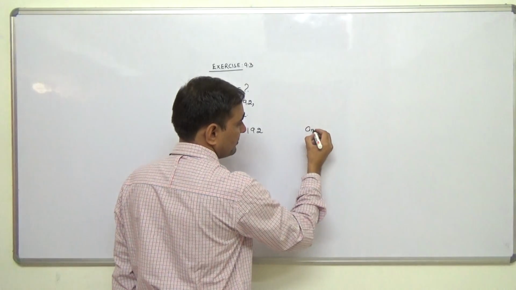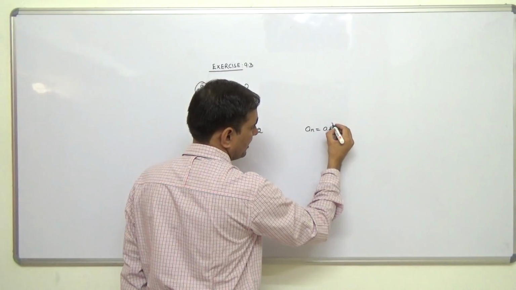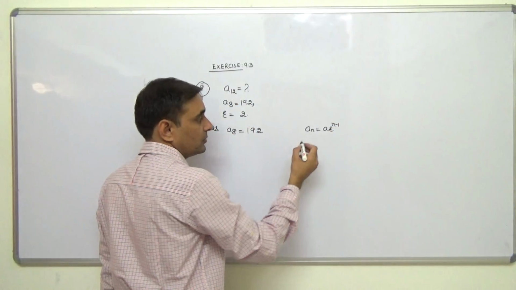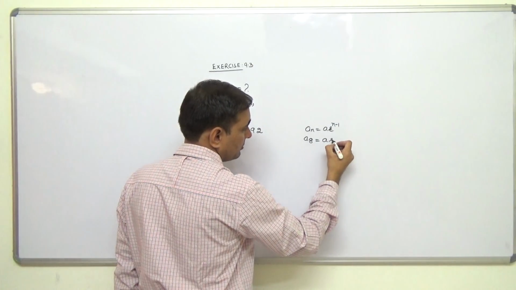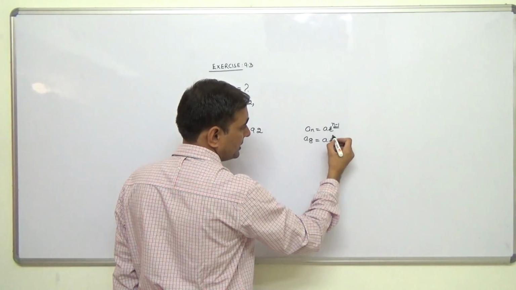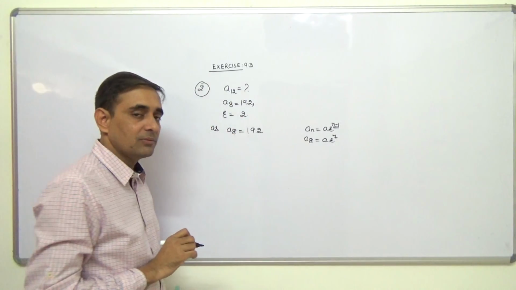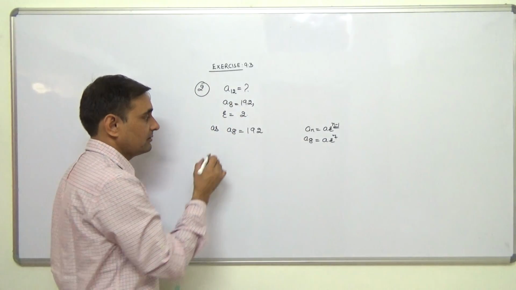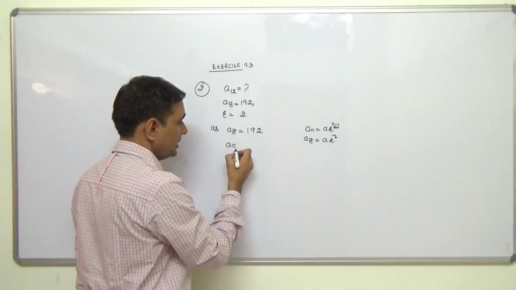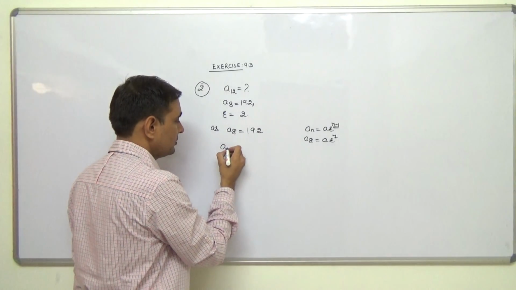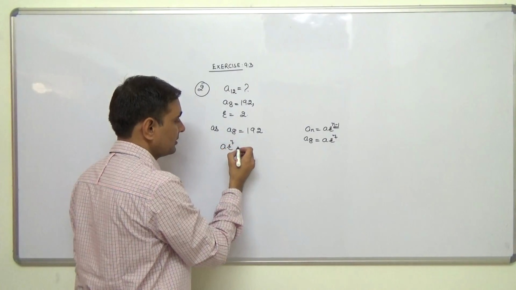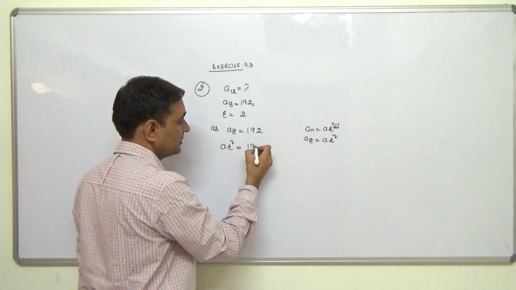Formula for nth term, A into R to the power n minus 1. If we put n equal to 8, A8 will be A into R to the power 8 minus 1, that is 7. So the formula for the 8th term will be A into R to the power 7. So in place of A8 we will write A into R to the power 7. This is equal to 192.